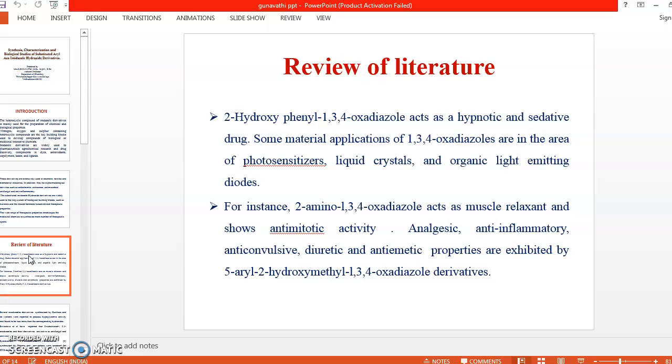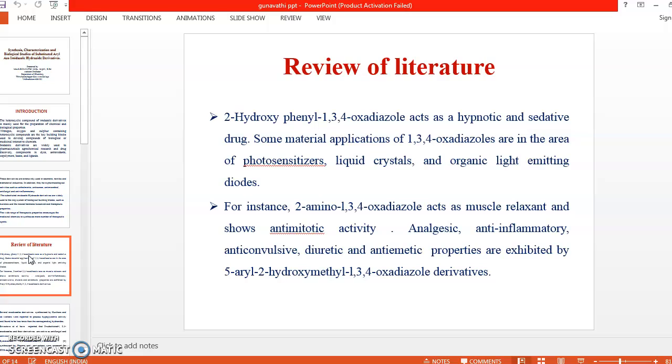2-hydroxyphenyl 1,3,4-oxadiazole acts as a hypnotic and sedative drug. Some material applications of 1,3,4-oxadiazoles are in the area of photosensitizer, liquid crystals and organic light emitting diodes.